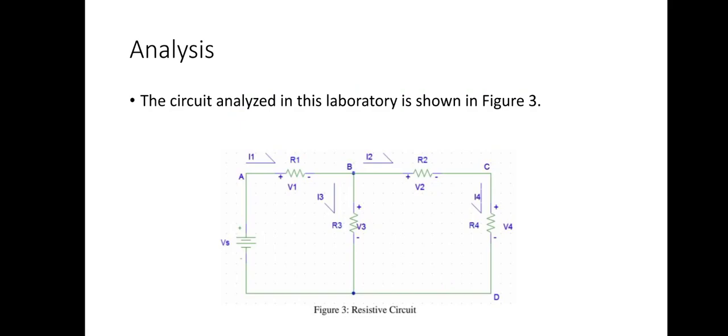The equation holds true only if the passive sign convention is satisfied. In the case of KVL, the passive sign convention says that when a positive node is encountered while traversing a loop, then the voltage across the element is positive. If a negative node is encountered, the corresponding element voltage is negative.